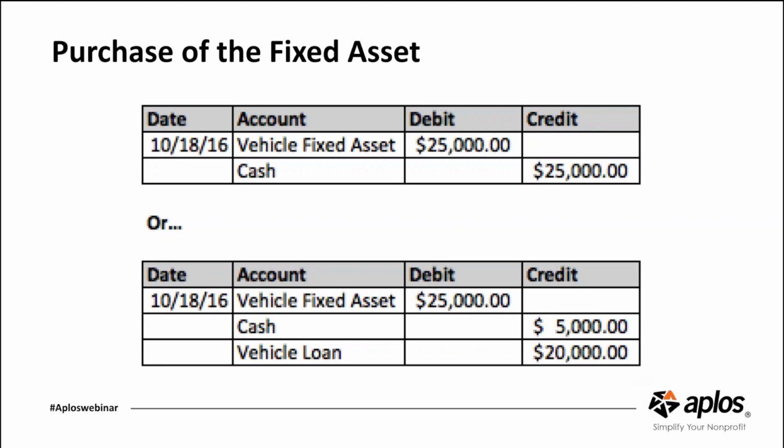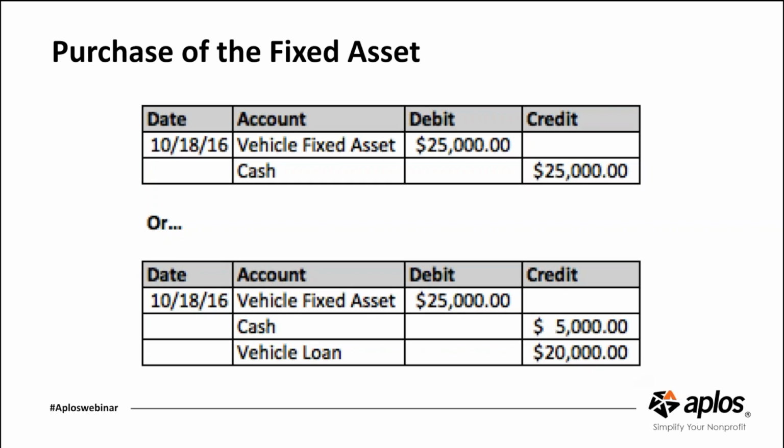Alternatively, and probably a more real life situation, is what happens if you paid a little bit out of pocket, but then financed the rest on a loan. That would look like the second example here. Same date, I bought the same car, but this time the full value is again being added to my books through the asset account. So there's $25,000 increasing or debiting my vehicle asset account.